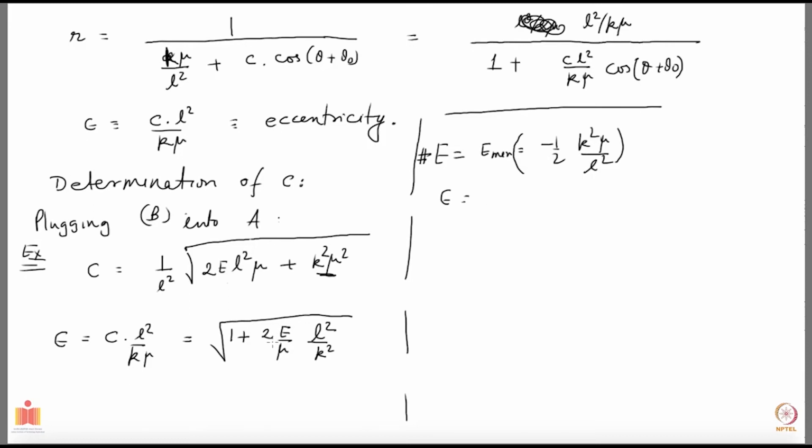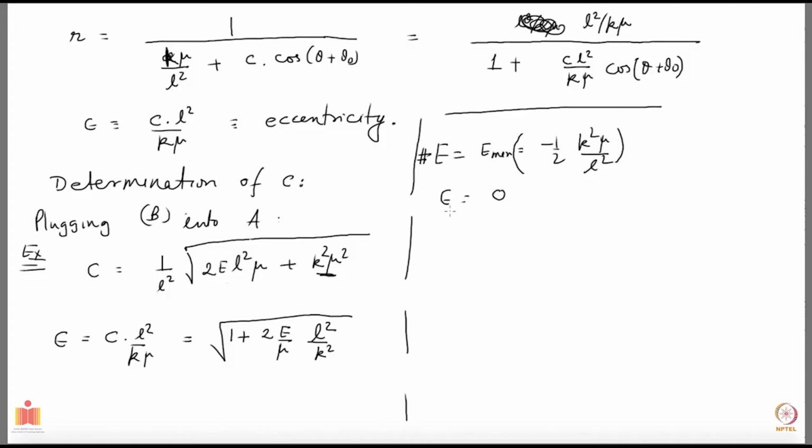Then you have a K square, which cancels this K square in the denominator. Then you have a mu in the numerator that cancels this mu. And then you have L square in the denominator, that cancels this L square in the numerator. So you're left with a minus 1, and minus 1 plus 1 will give you 0. So your epsilon is going to be 0.